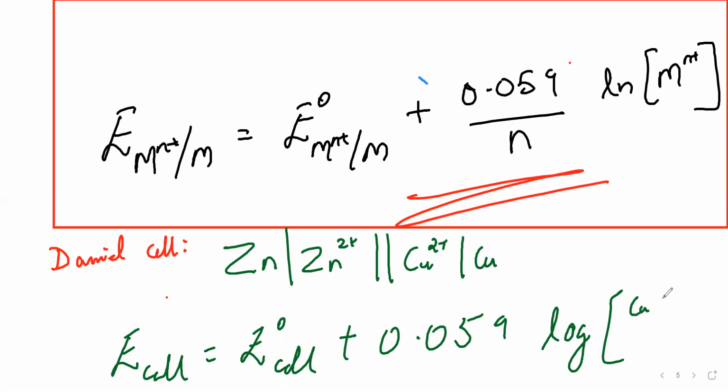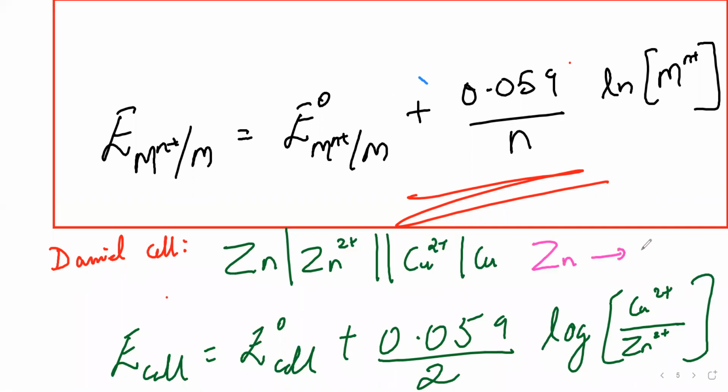The cathode is here Cu2+, the concentration, by Zn2+. This is what I would write here. And the most important thing is by n. n is 2 electrons, because Zn gives Zn2+ plus 2e minus. I'll write it down here: Zn gives Zn2+ plus 2e minus. This 2 only I'm writing as n.